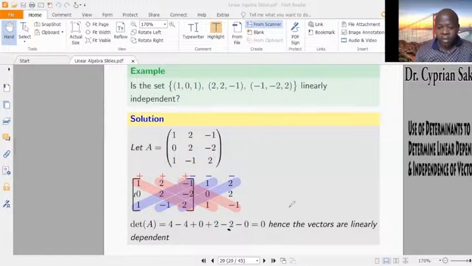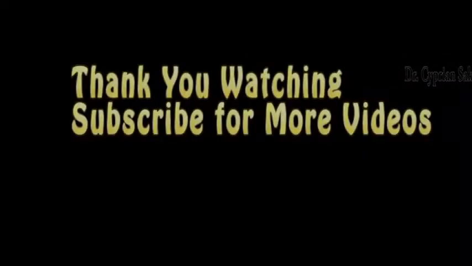Since this matrix has determinant 0, we say that the vectors are linearly dependent. So that is how we tell if vectors are linearly dependent or independent using determinant of matrices.